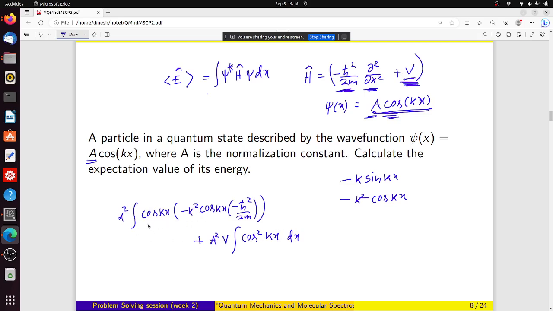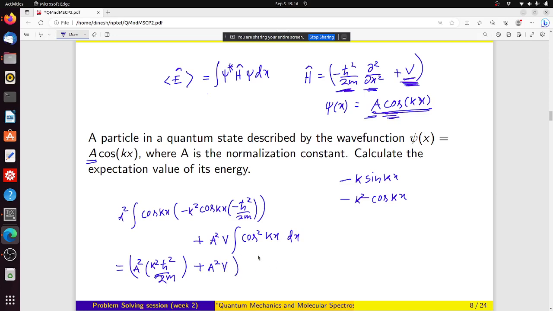These are the same integration actually, so we can take constants out: A square, minus minus plus, k square h square over 2m, and we'll have cos square kx. From here also cos square kx, so let's take the constants out.